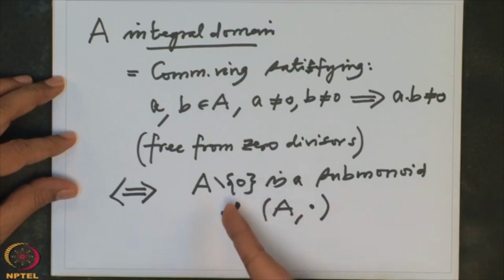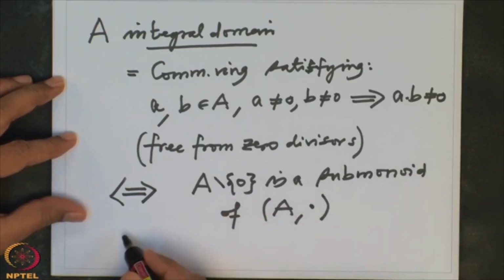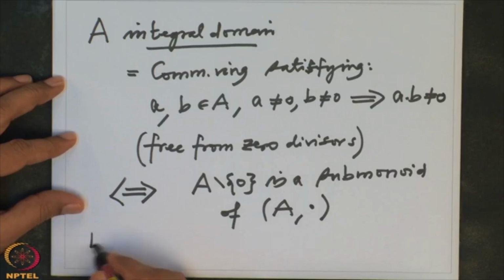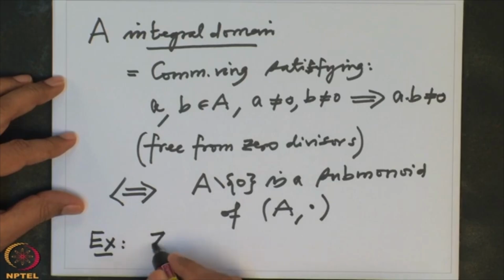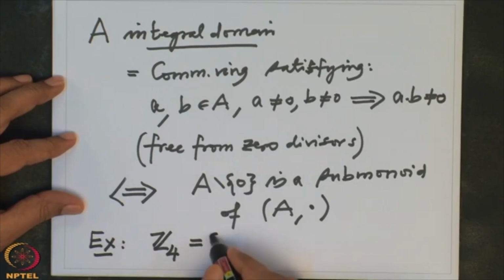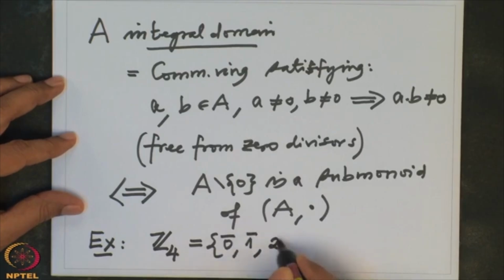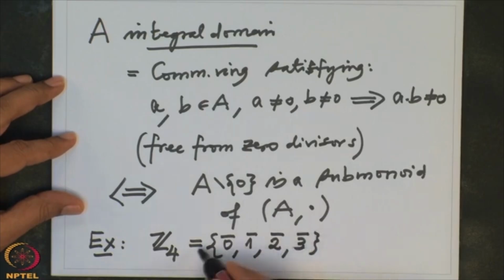In general, this is not a submonoid. For example, if you take Z mod 4, these are, remember the notation, 0 bar, 1 bar, 2 bar and 3 bar, because these are precisely the possible remainders after dividing by 4.